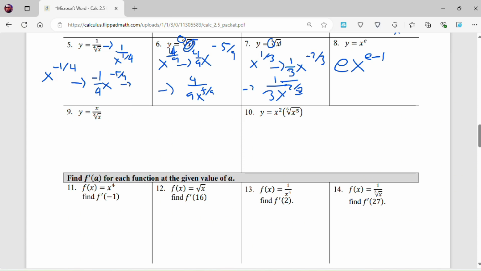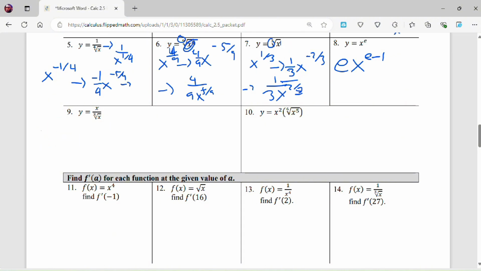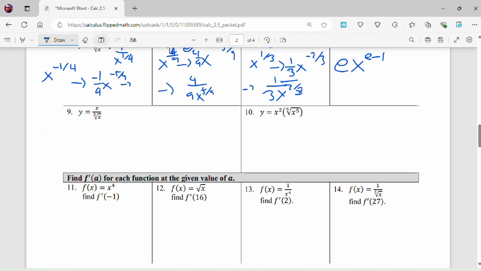Well, remember, x to the n divided by x to the m equals x to the n minus m. Now, that being said, we're going to use the same idea here.